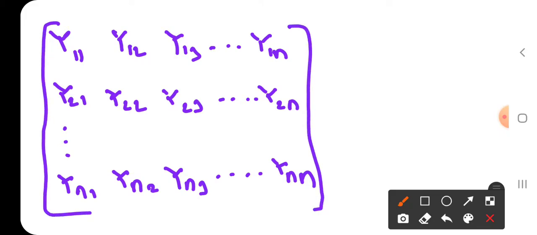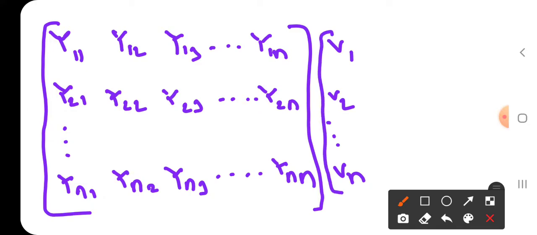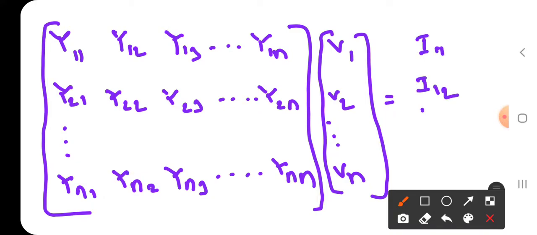This will be multiplied by the node voltages, which gives the currents as I11, I22, so on, INN.